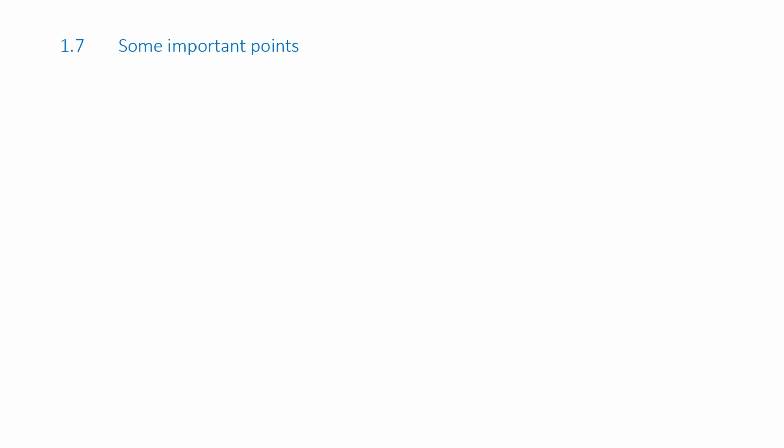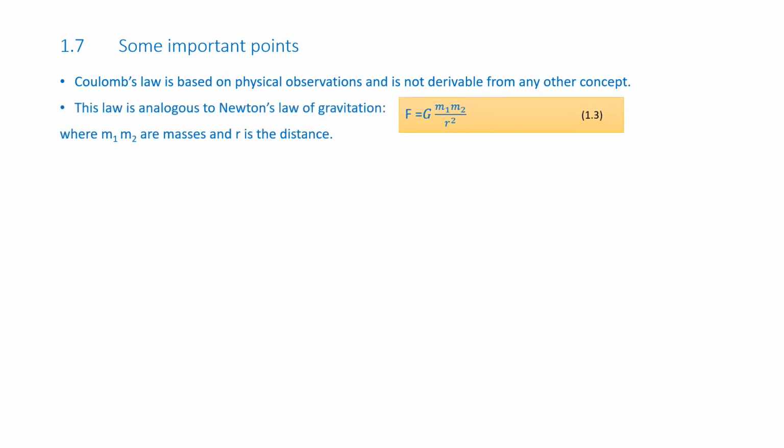Some important points regarding charges and electric field. Coulomb's law is based on physical observations and not derivable from any other concept. This law is analogous to Newton's law of gravitation, which we studied in the previous classes.